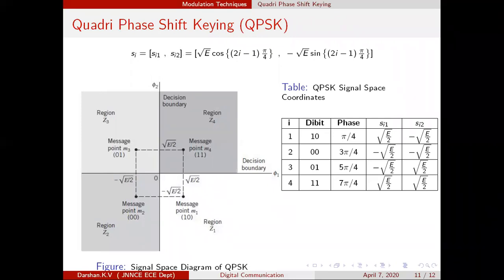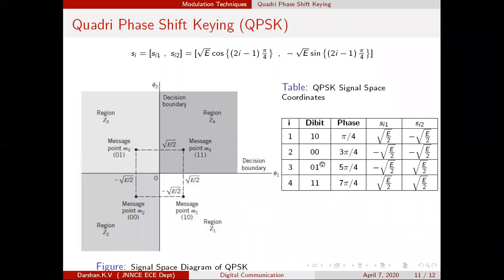Recall BPSK: check how many basis functions there are. The total number of basis functions is equal to the total dimension. Since there are 2 basis functions, the number of elements in the vector is 2. Therefore, you are going to get a 2-dimensional graph or 2-dimensional signal space diagram.